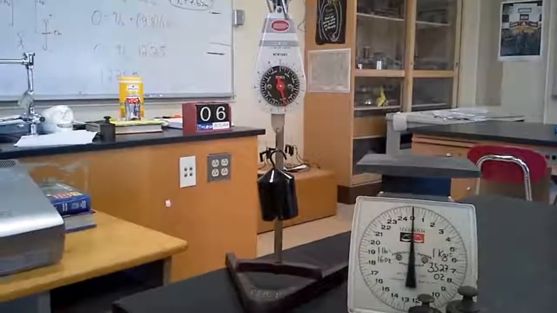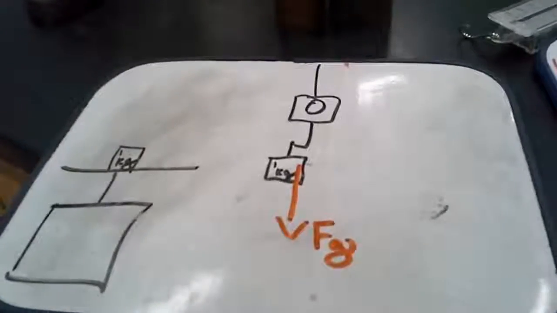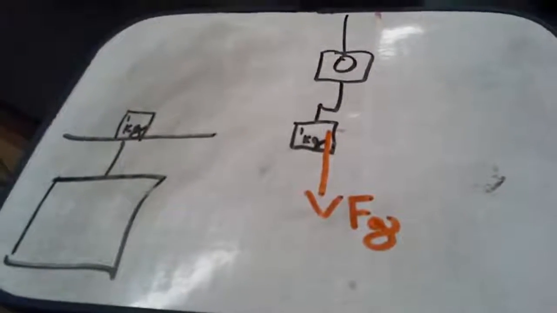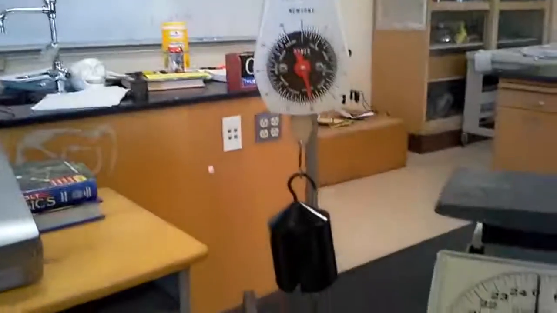But that kilogram, it's not falling down. And if this was the only force on it, it would be. So there must be some other force acting. And that force is an upward force. And the reason the kilogram's not moving is because these forces are balanced.